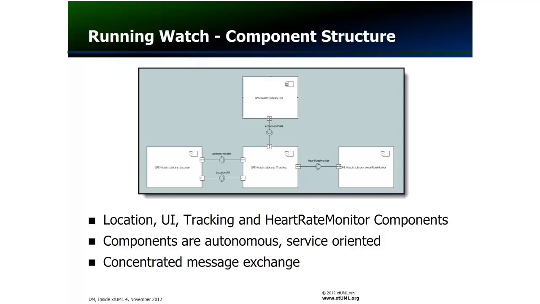With this structure, each component was found to be autonomous, with a cohesive collection of services. Also, the message exchanges between components were concentrated in a small number of ports with simple interface definitions. In general, high-quality analysis models will share these characteristics of cohesion and concentration.